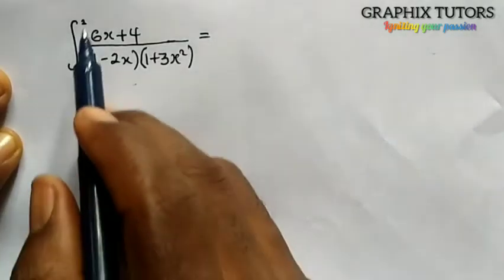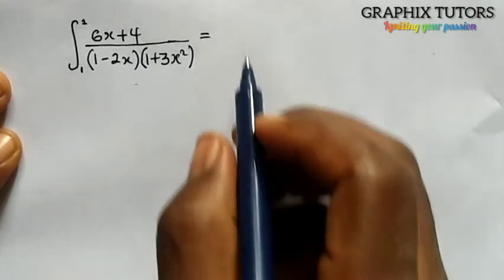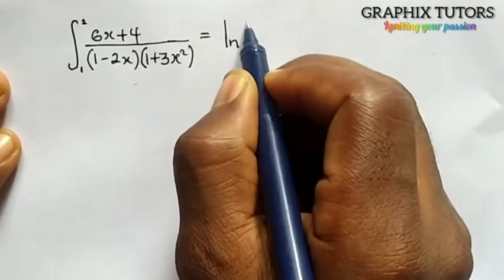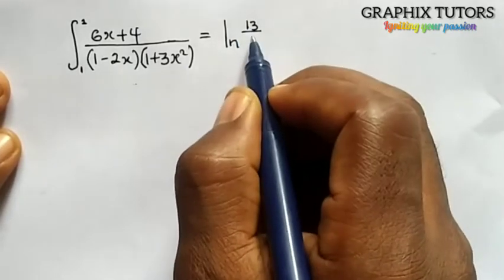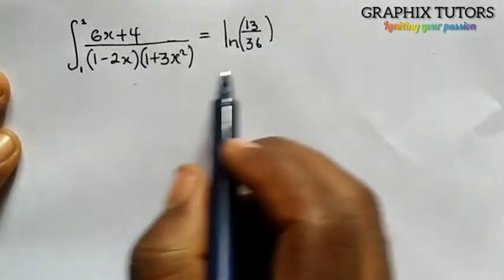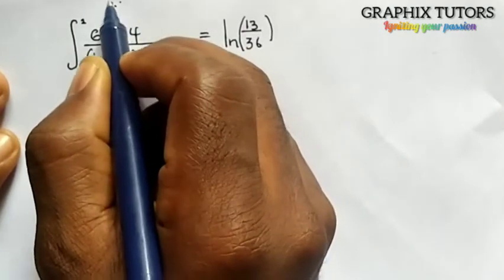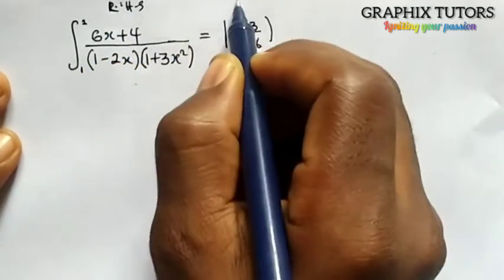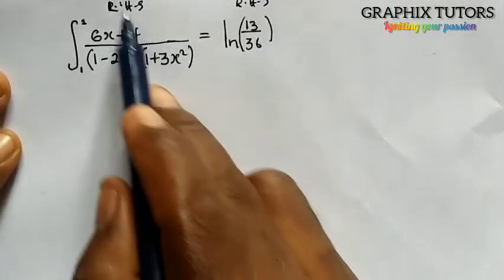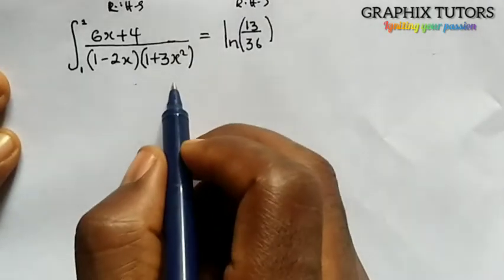We should show that this is equal to ln 13 over 36. Now one thing you need to know, this is the left hand side, and this is the right hand side. So we want to show how we get this. So we are going to be working only with the left hand side. So let's start. Solution.